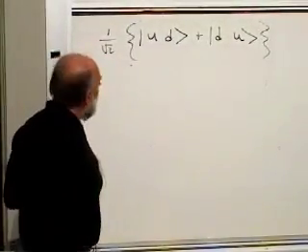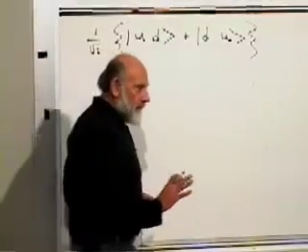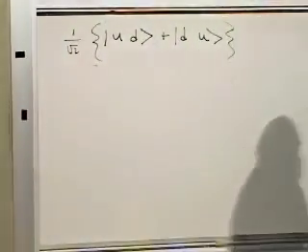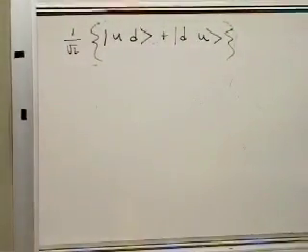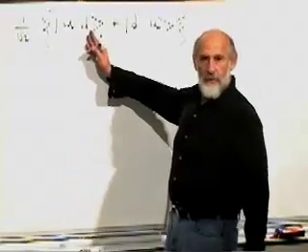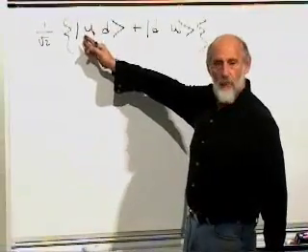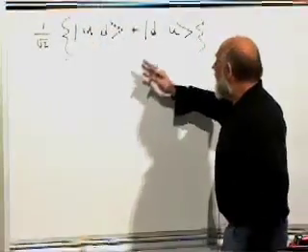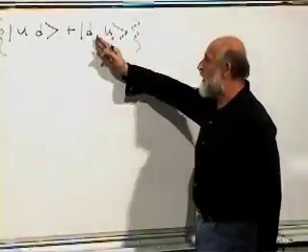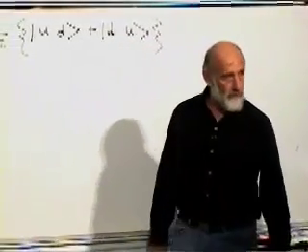Here's a state, and this state has the following property. If you measure electron number 2 and find it's down, then electron number 1 must be up. And if you find electron number 2 up, then electron number 1 is down.